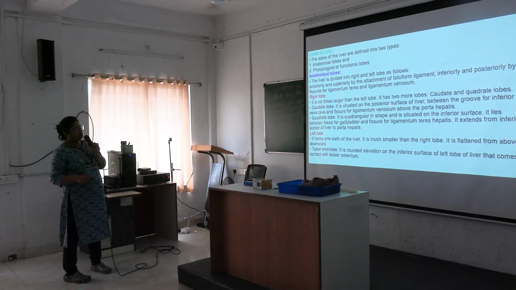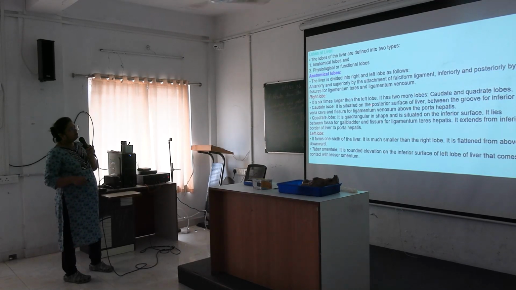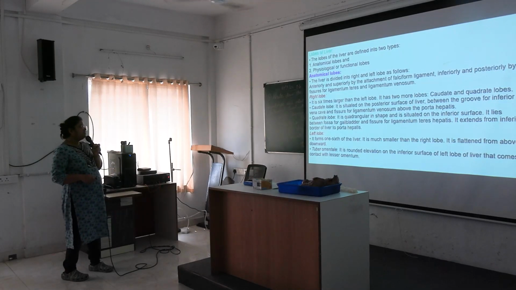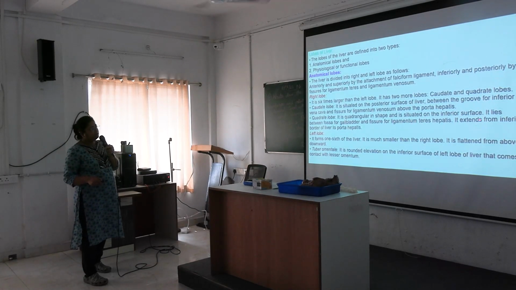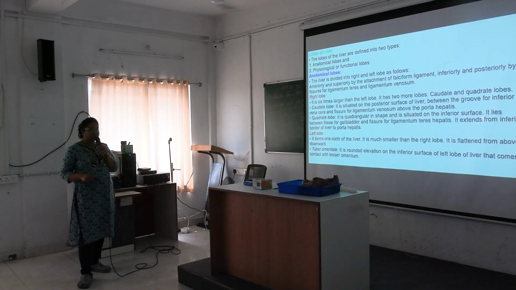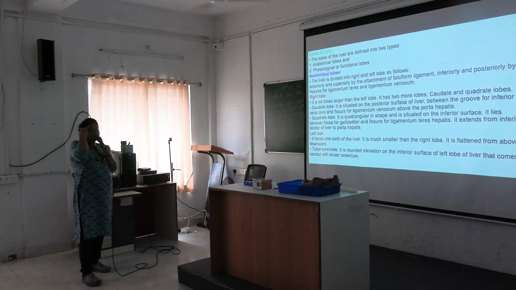The caudate lobe is situated on the posterior surface of the liver between the groove for IVC and the fissure for ligamentum venosum, above the porta hepatis. And the quadrate lobe is quadrangular in shape, situated on the inferior surface, and lies between the fossa for gallbladder and the fissure for ligamentum teres hepatis. It extends from the inferior border of the liver to the porta hepatis.